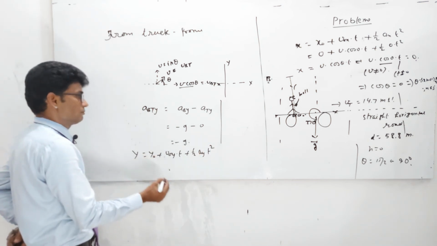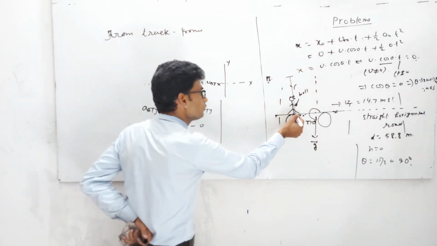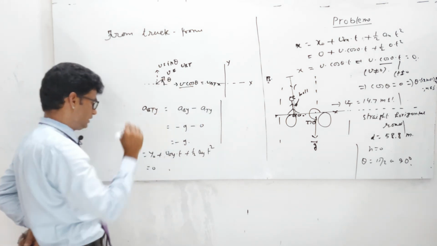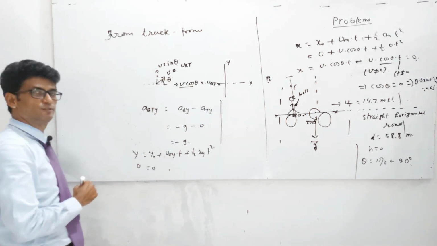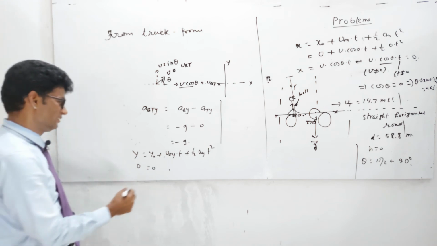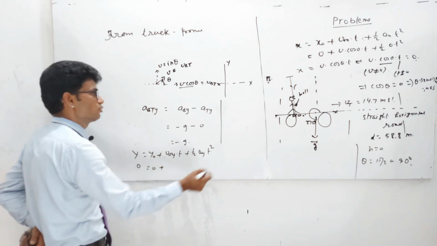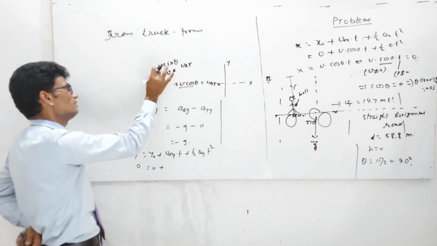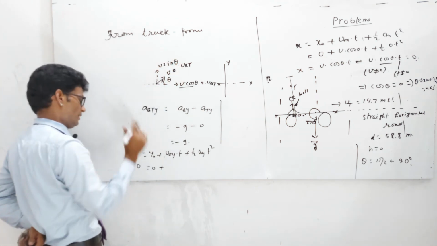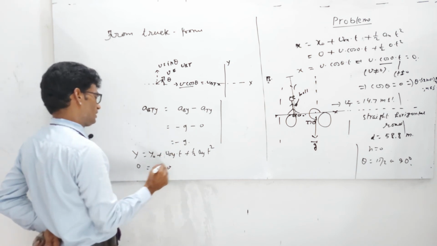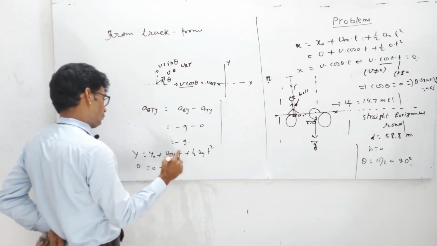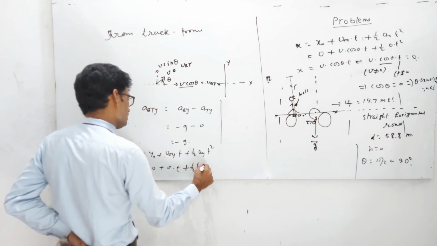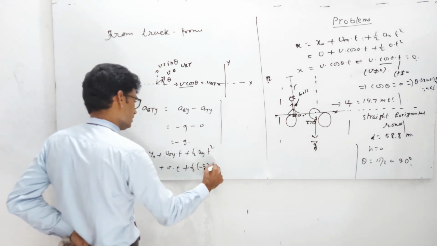It is thrown from the origin, so y naught is 0. It again came to the origin, so this y is also 0. Beautiful. Now here v naught y, straight up with the speed say v, because we have taken v. So theta becomes 90, sin 90 is 1, so only v is here. Upward, that v is positive, into t, we have to find t, plus half a_y, which is minus g, into t square.